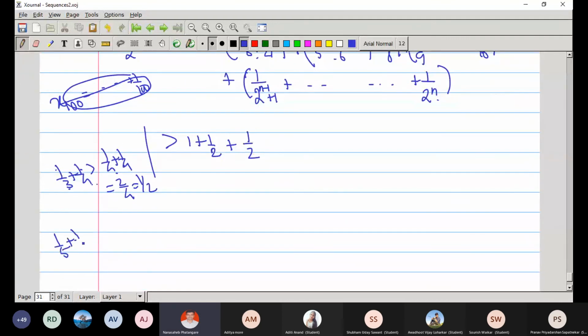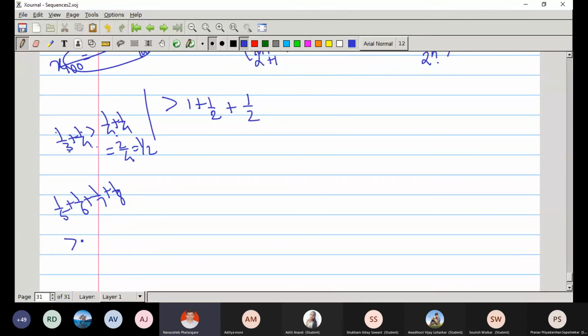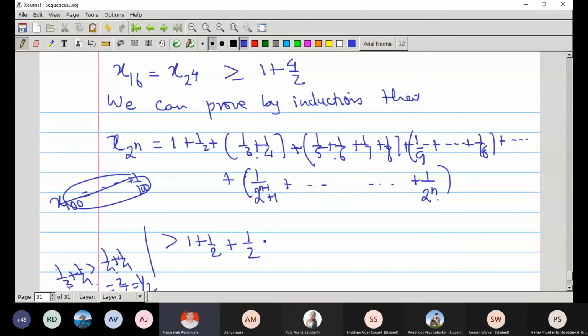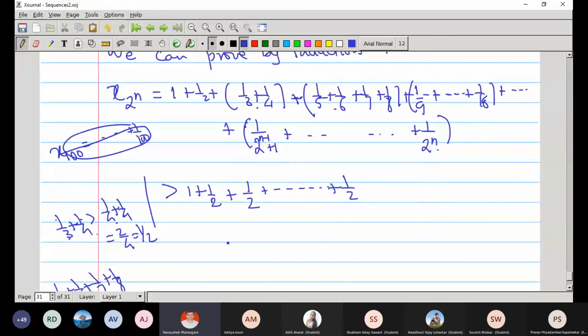Now 1 by 5 plus 1 by 6 plus 1 by 7 plus 1 by 8. Is it greater than 1 by 8 plus 1 by 8 plus 1 by 8 plus 1 by 8? Yes, sir. It is 1 by 2. So each bracket is greater than 1 by 2. And how many brackets are there?